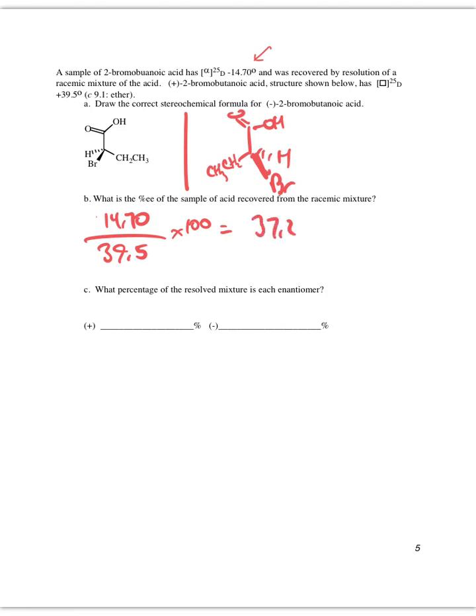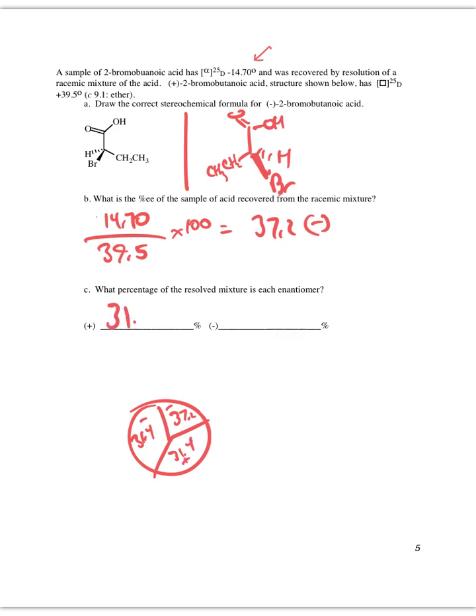37.2. Now this, our pure sample was negative, so this is the negative enantiomer. We have 37.2% more of it than the other. So then think about the pie. 37.2 is negative. The 62.8 is a split between the two, so 31.4 is negative and 31.4 is positive.